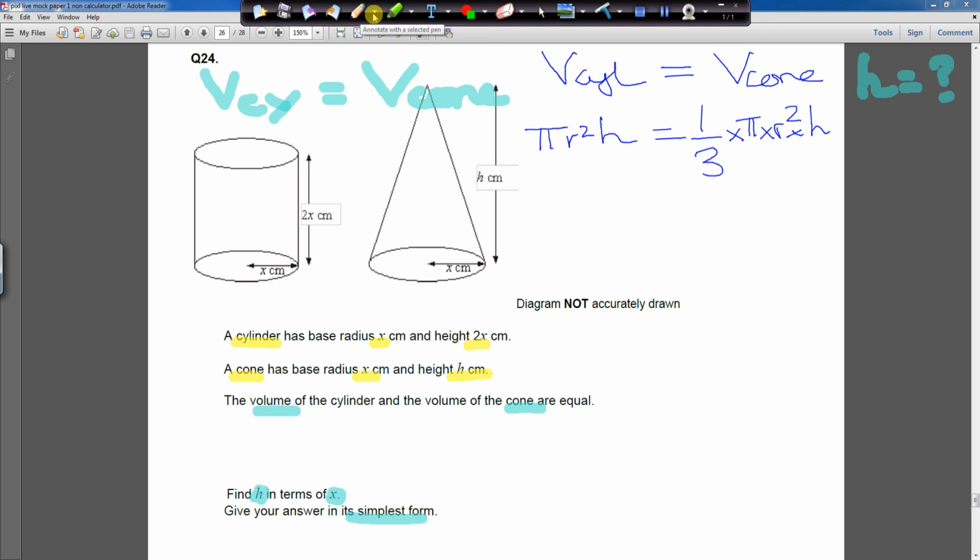What we need to do now is substitute in the values for radius and height. Now the radius of the cylinder is x. So we have pi multiplied by x squared multiplied by the height. The height of the cylinder is 2x.